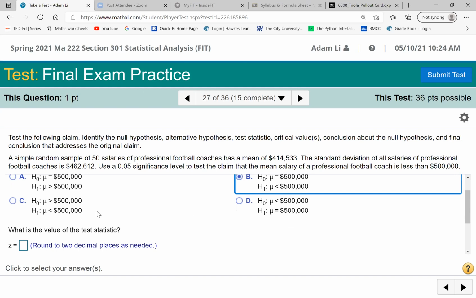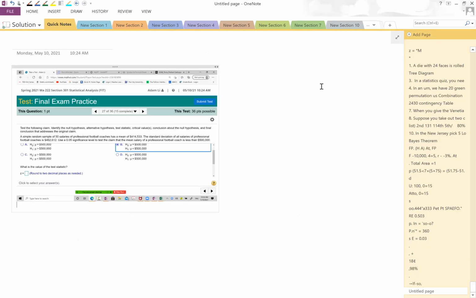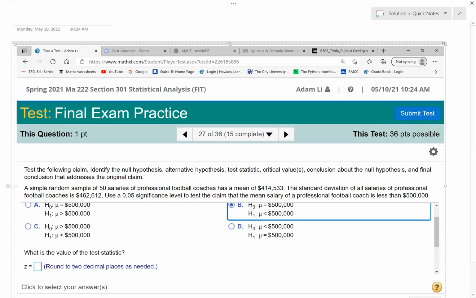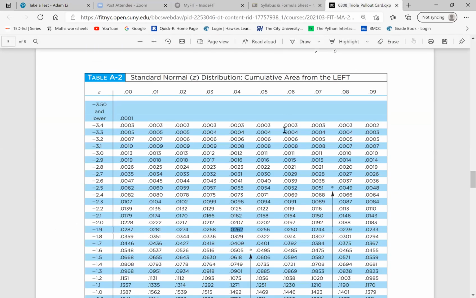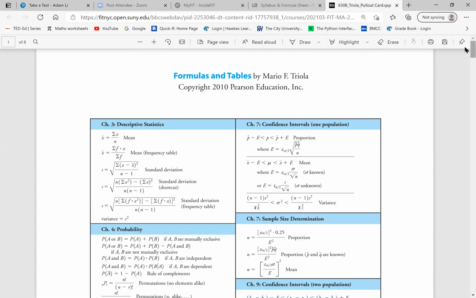Okay, now we want to calculate the test statistic. I'm going to show you details in a bit. Okay, here we go. The formula we are using here, let's go to the chapter 8 formula sheet.